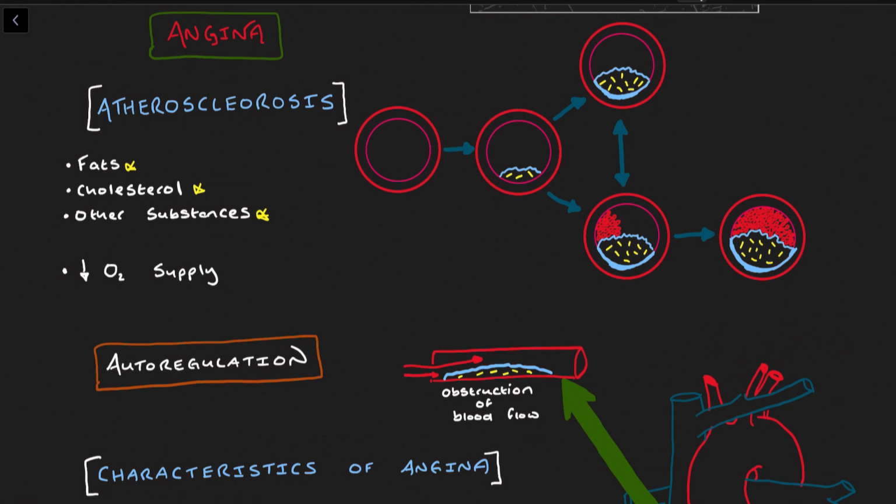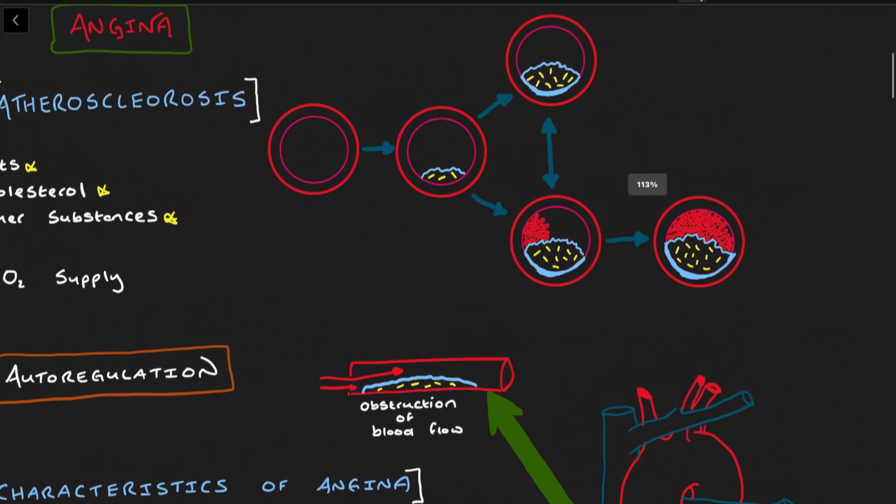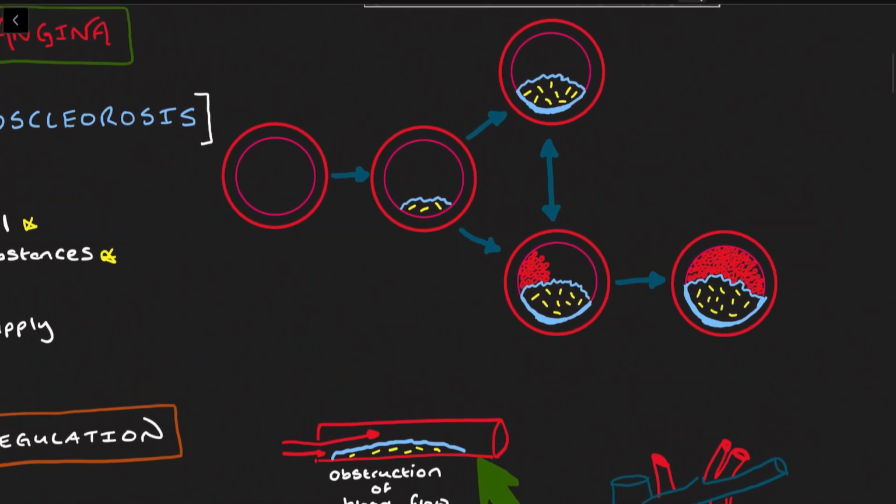I have drawn this diagram over here to explain how the buildup of substances can lead to complications of the arteries. So here we have a normal artery, and here we have an artery that has deposits, but it's not clinically having an effect on the patient.